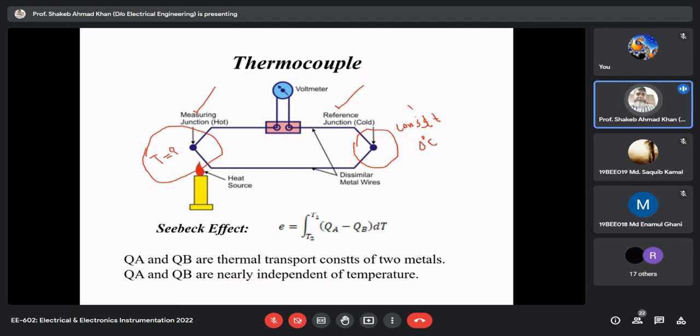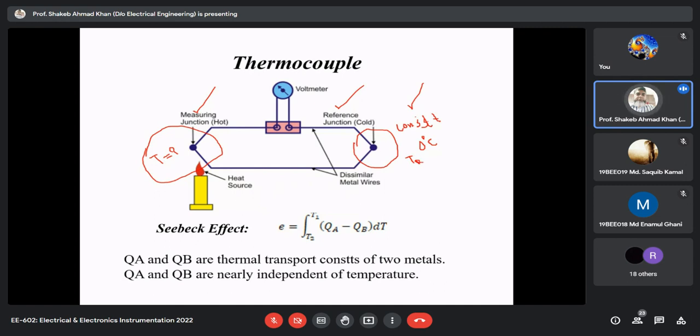This is an essential requirement. At what value it should be constant? If it is 0, then it is a desirable requirement. And if it is maintained at 0 degrees Celsius or at some higher temperature, your reference junction temperature should be accurately known.